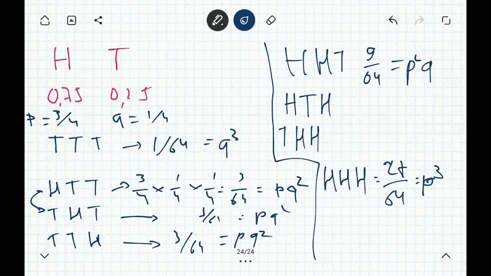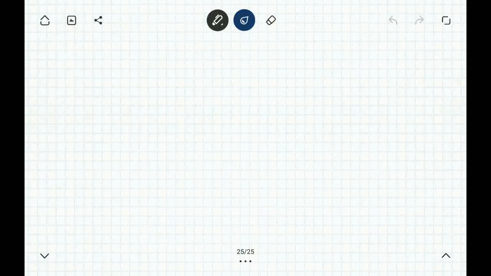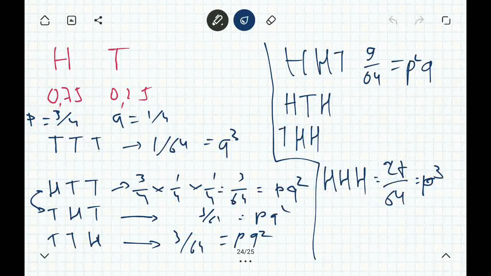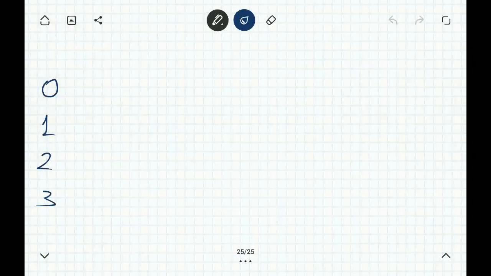So we found the probabilities for each separate outcome. However, what we are interested in is probabilities for these numbers: 0 heads, 1 head, 2 heads, 3 heads. And I can see that I have only one case where I have 0 heads. And probability of that case is 1/64 or q cubed.